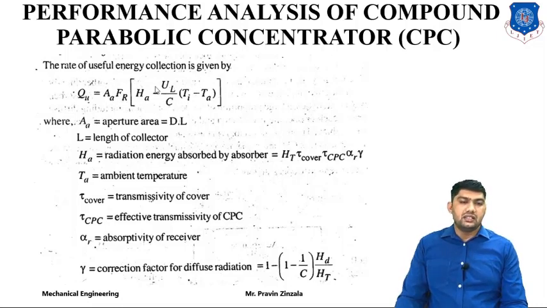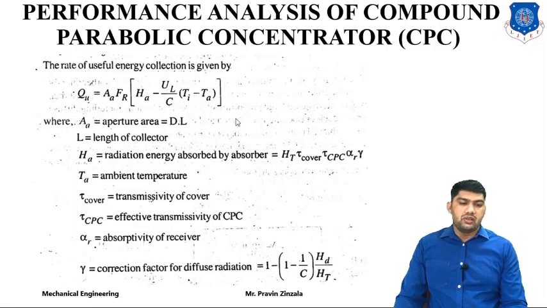We also discussed in the previous lecture what the terms are: A means aperture area, FR means heat removal factor, and HA means radiation energy absorbed by the absorber, which is HT, the total or incident radiation, times the transmissivity of the cover, times the transmissivity of the CPC, the compound parabolic concentrator, times the absorptivity of the receiver, and gamma is the correction factor for diffuse radiation.